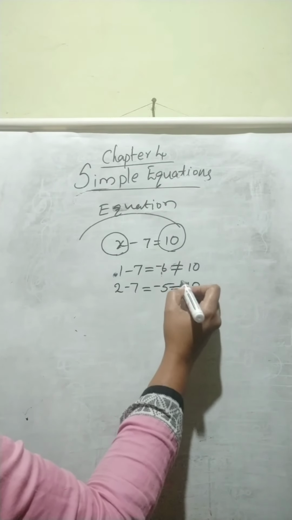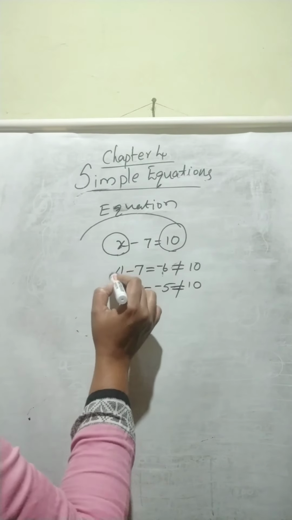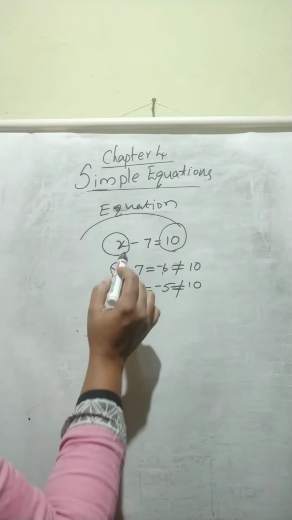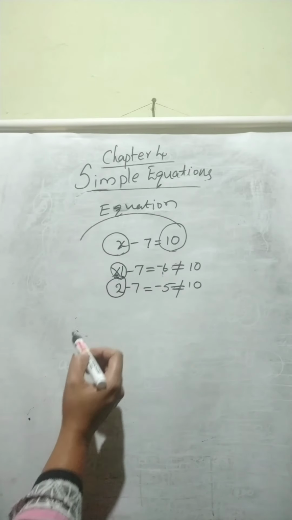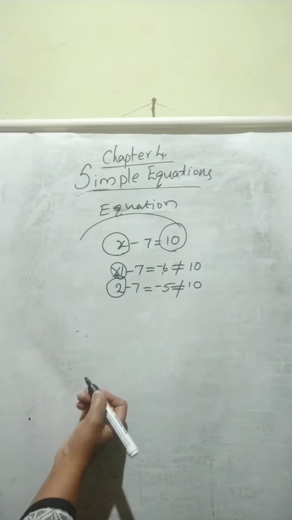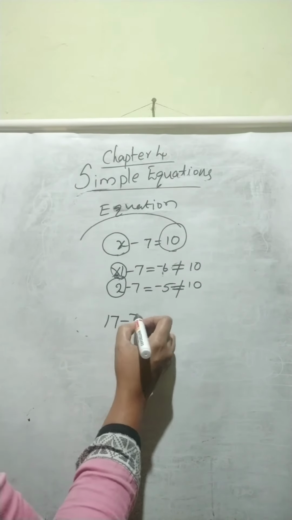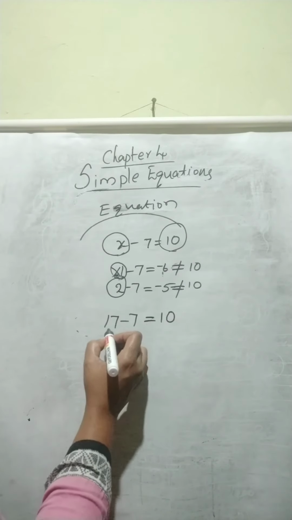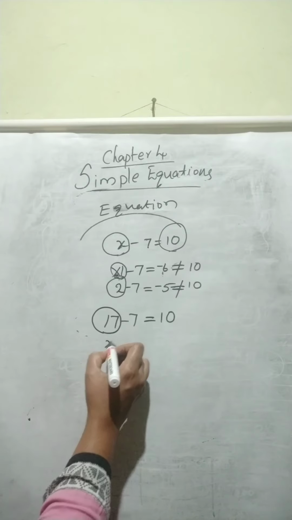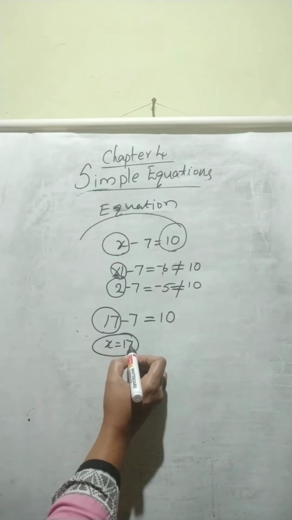So 1 is not the value of x, and 2 is also not. Then another number: when we write 17 minus 7, we will get 10. So now we got x equal to 17.